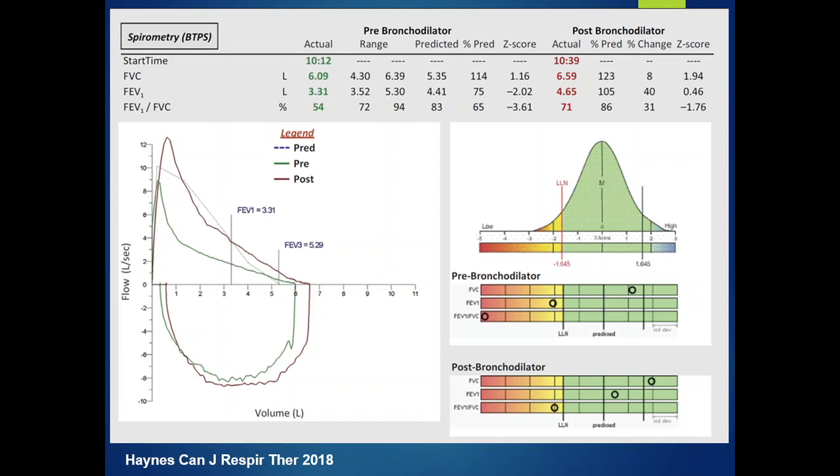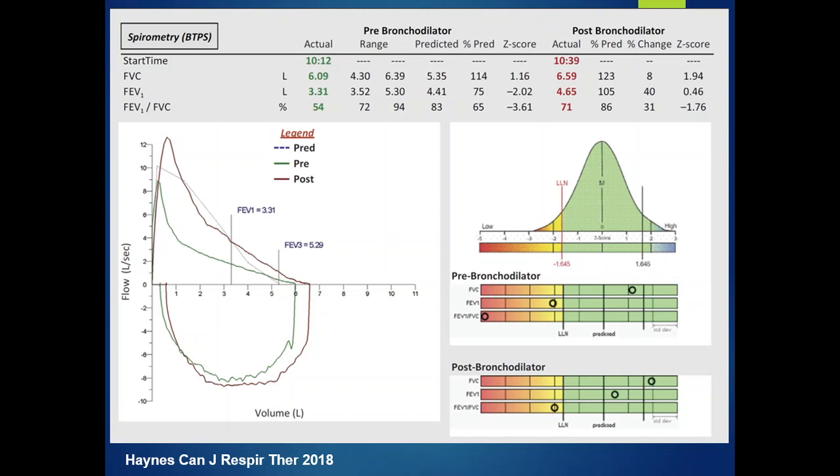It is not below the lower limit of normal. It is 114% predicted. So a normal FVC, an FEV1/FVC less than 70%, this is an obstructive pattern. If you look at the FEV1, it is less than the lower limit of normal and 75% predicted. So this is an obstructive lung disease.